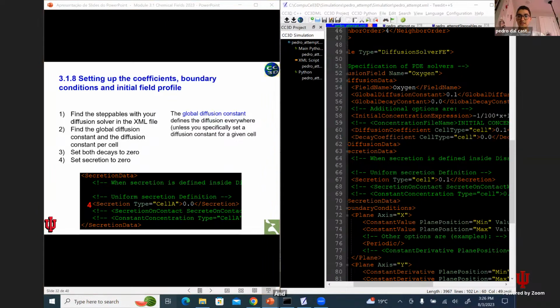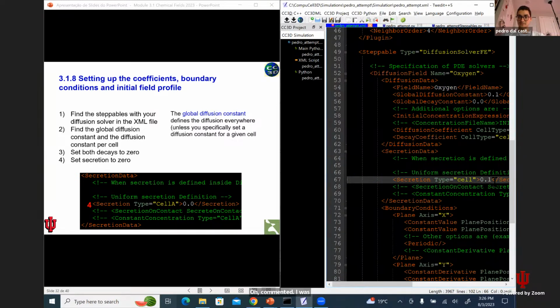And comment out the secretion line. So in line more or less 67, there is a secretion line. You can comment it or set to 0, doesn't matter. I will set to 0, whatever.